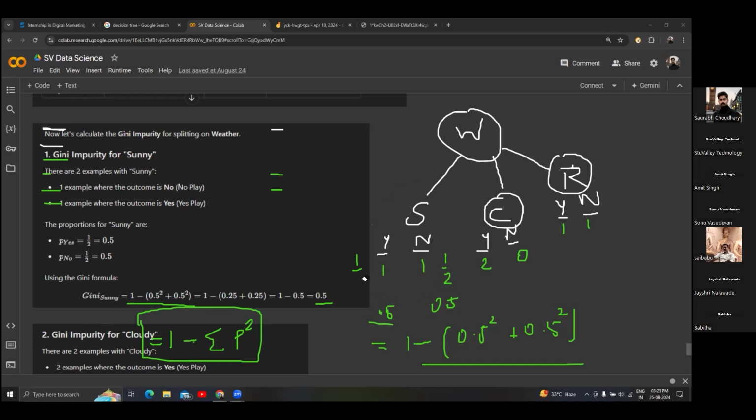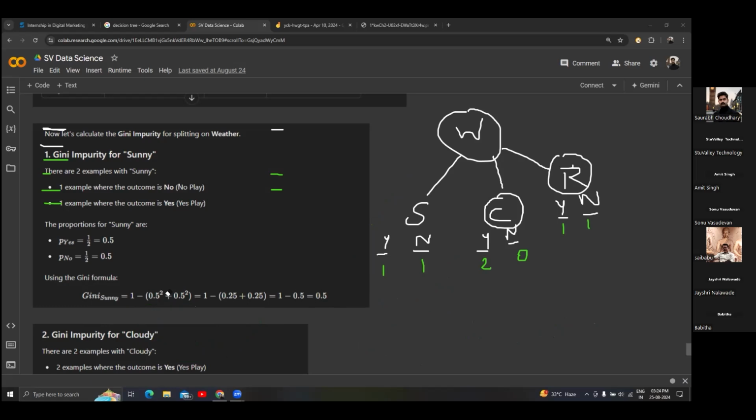Whole, this particular node is 0.5. You will do the same for the next one, cloudy.